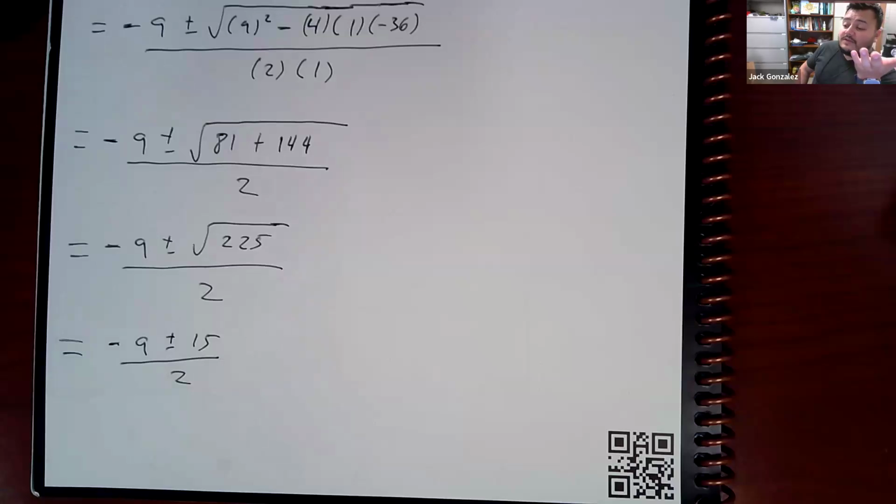All right, so -9 plus 15 divided by 2, that's one answer. -9 minus 15 divided by 2 is a different answer.